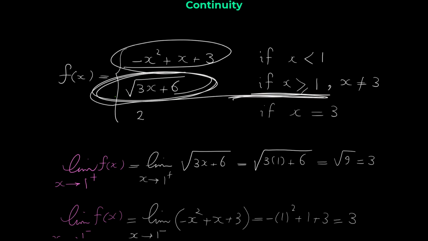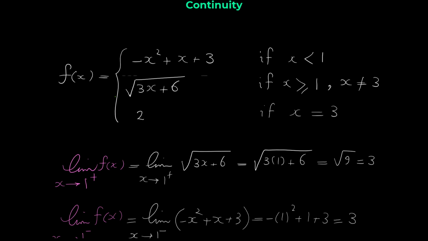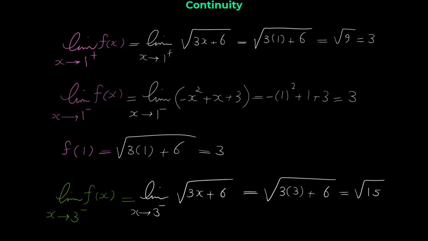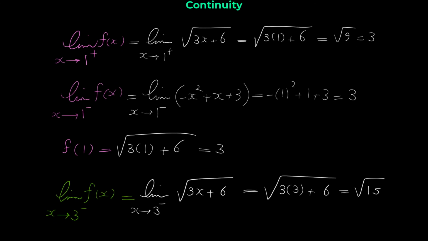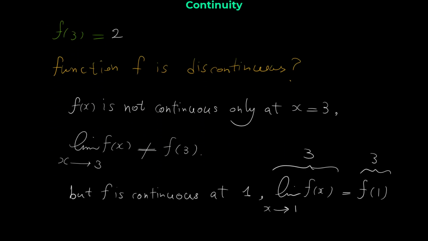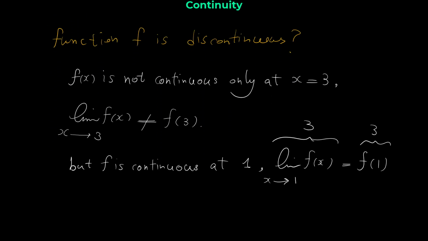So we didn't check other points. The only points that we have to check for this piecewise function to find the points of discontinuity are only 1 and 3. By checking those points, we find that f is continuous at 1 but is not continuous at 3. So the only point of discontinuity is 3.